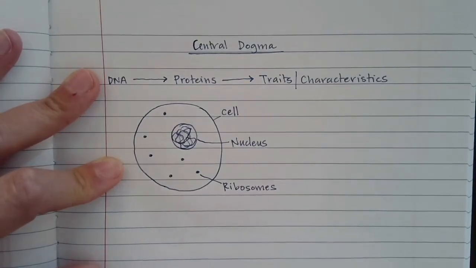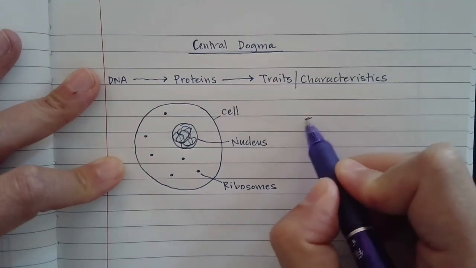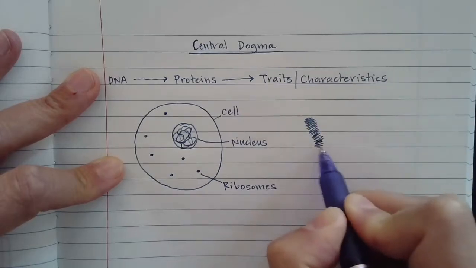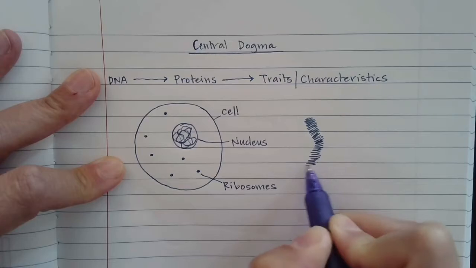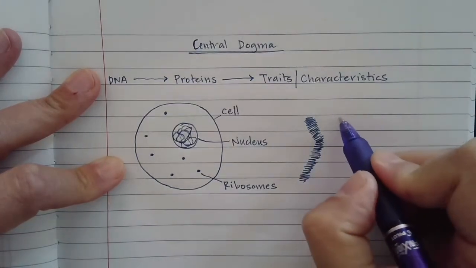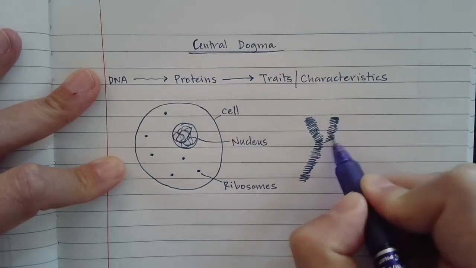So if we take our DNA and it gets all coiled up, it looks kind of like this. So this is a chromosome, and I'm going to draw its sister chromatid on this side.